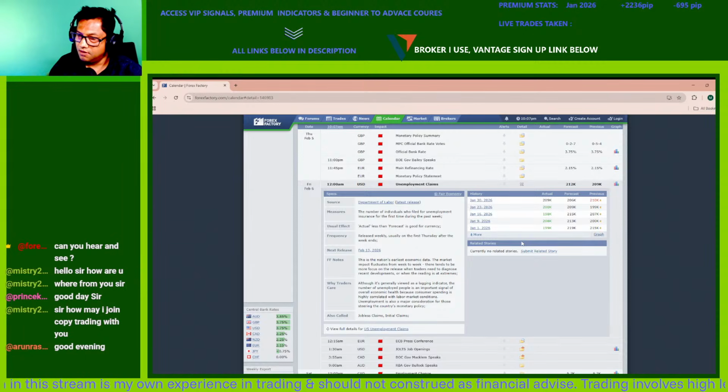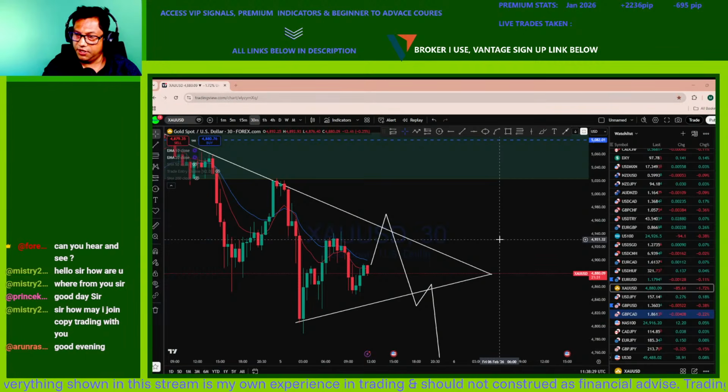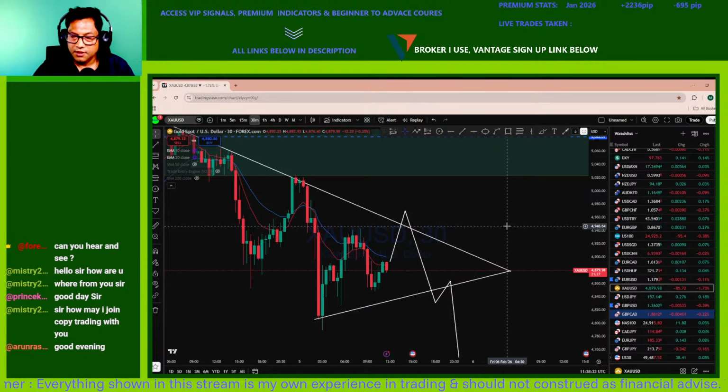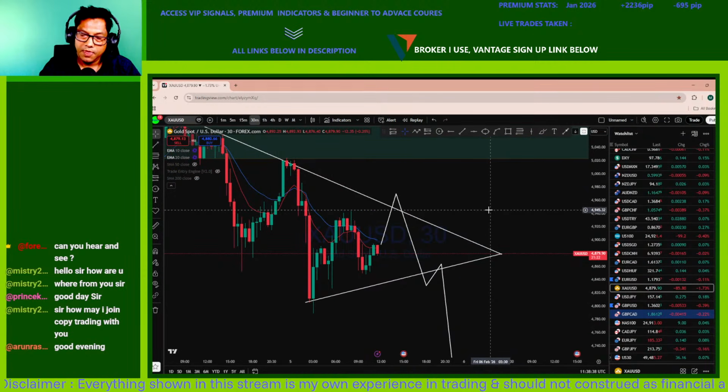How does that work? Let's understand that: actual less than forecast, good for currency. Because there will be data coming, we can look at what we can expect in the market at the moment.